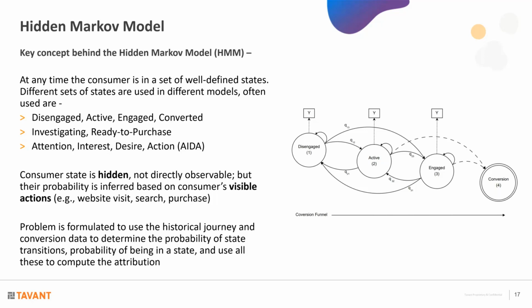It uses that data to compute the state transition probabilities, meaning what is the inherent way in which the states transition, what is the probability of being in a state at any given time, and along with this, the use of the concept of posterior probabilities to tease out the contribution of various channels, how they make those transitions possible, and what is the impact of exposing a person to a channel which causes them to move along the conversion funnel.